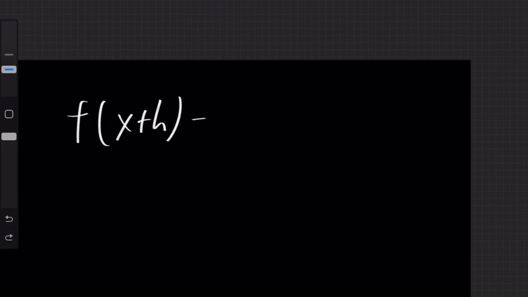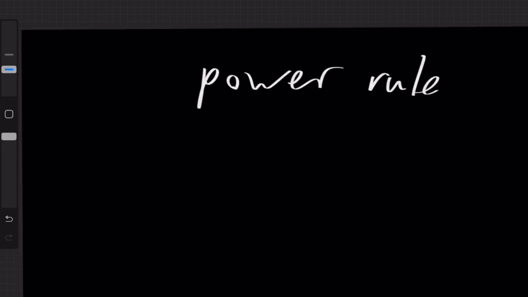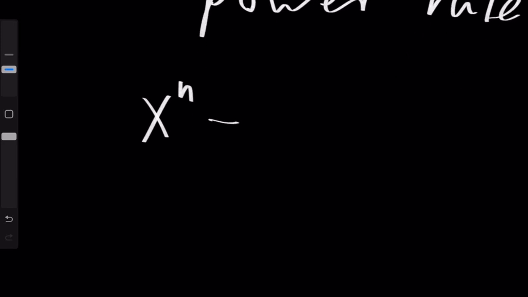But there's a shorter way to do this, and that is the power rule. The power rule states that given some function x to the power n, the derivative of that would be nx to the n minus 1. Simple.